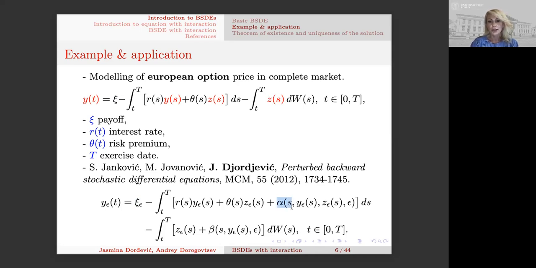We introduced some perturbed functions alpha and beta, which depend on the solution, as well as some small value epsilon. So now this equation is of nonlinear form, and it is hard to solve it even numerically.